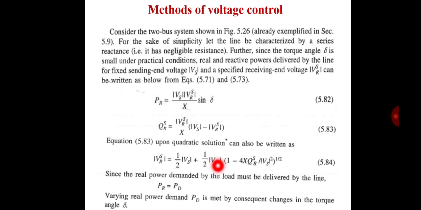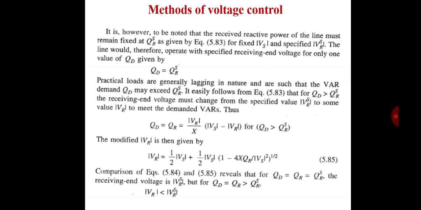So varying real power demand PD is met by consequent changes in the torque angle delta. It is however to be noted that the receiving end reactive power of the line must remain fixed.